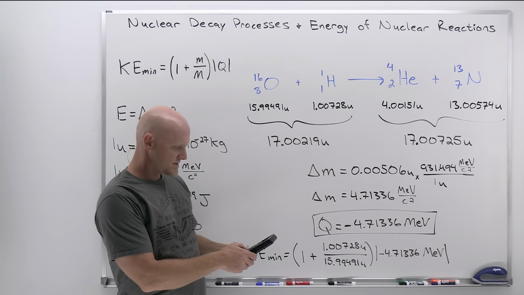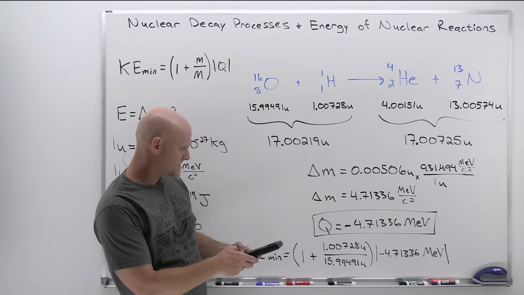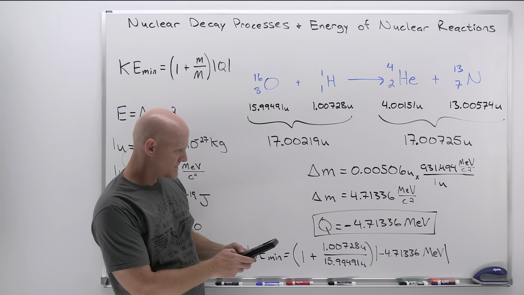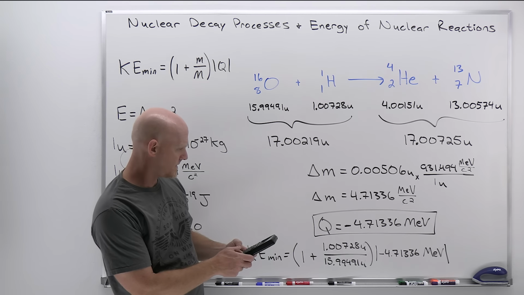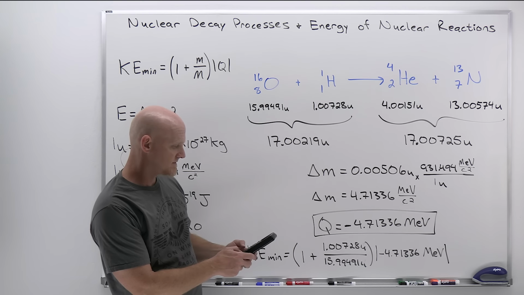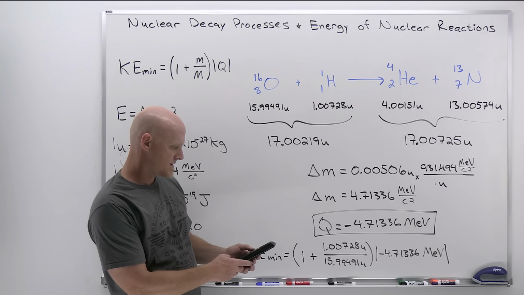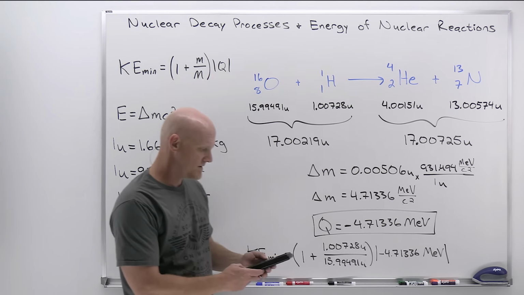And so in this case, I put in parentheses 1 plus 1.00728 divided by 15.99491, close parentheses, times the last answer in my calculator, that one.